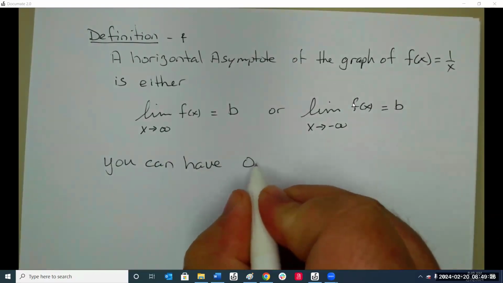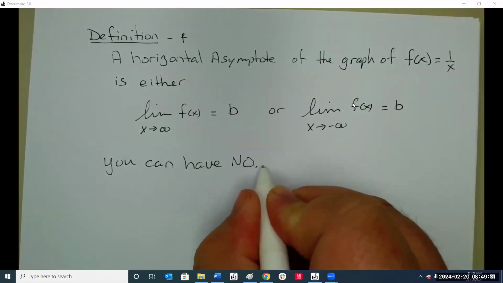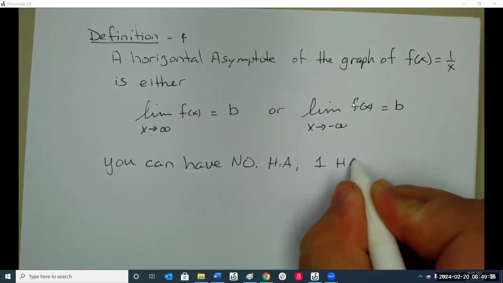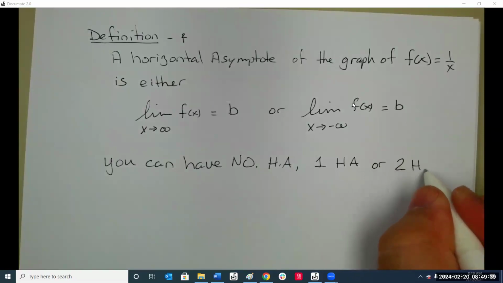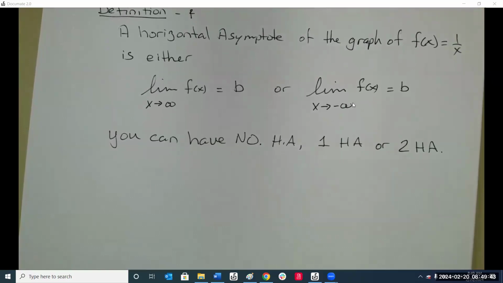You can have 0 or no horizontal asymptotes, 1 horizontal asymptote, or 2 horizontal asymptotes, depending on the function itself.